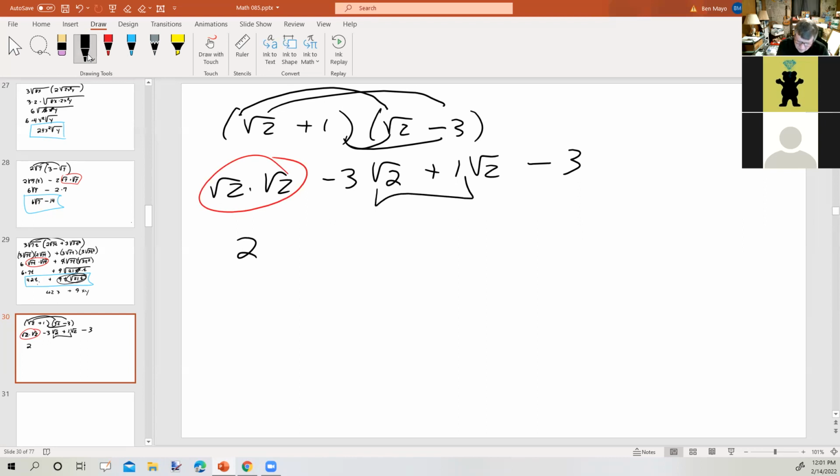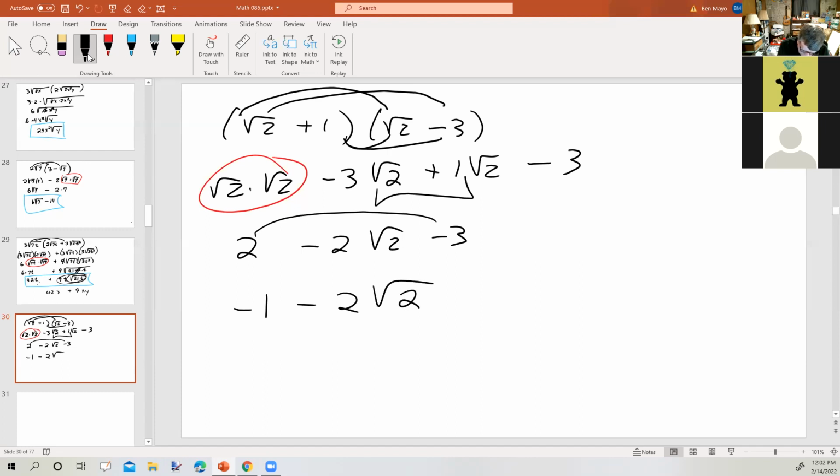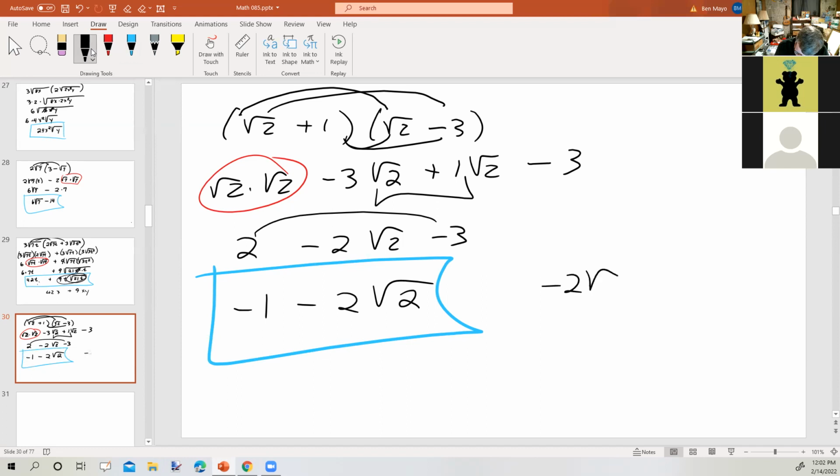These are like terms. Minus 3 square roots of 2 plus 1 square root of 2 is minus 2 square roots of 2, and then minus 3. But these are like terms, so I've got -1 minus 2 square roots of 2. Or you could write it -2 square roots of 2 minus 1. Either way. Any questions there?